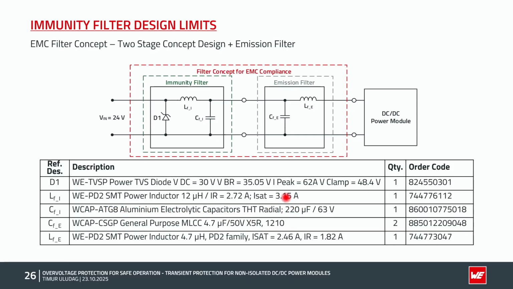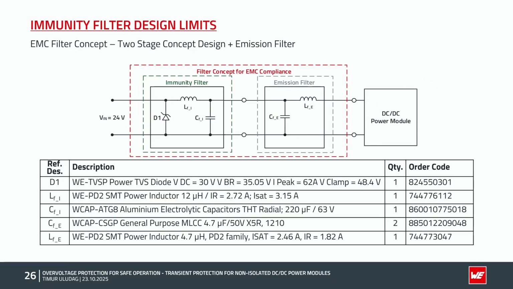Then you can see the first immunity filter here, how you can damp it, and then also here the two other values to make here the emission filter. Means this filter concept here, consisting of the immunity filter and the emission filter, is appropriate to have an EMC compliant filtering for the DC-DC power module.